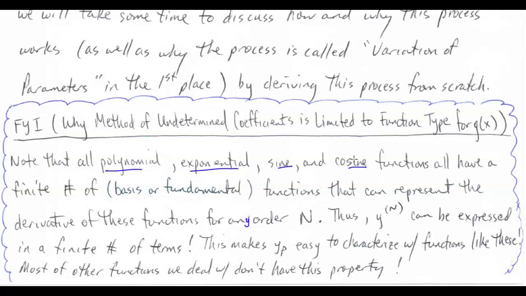And after I do that, I'm also going to compare it to functions that don't have this property so that you see the difference and you see why we need this variation of parameters method.